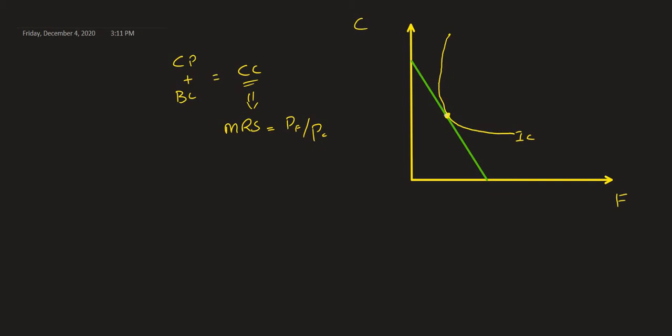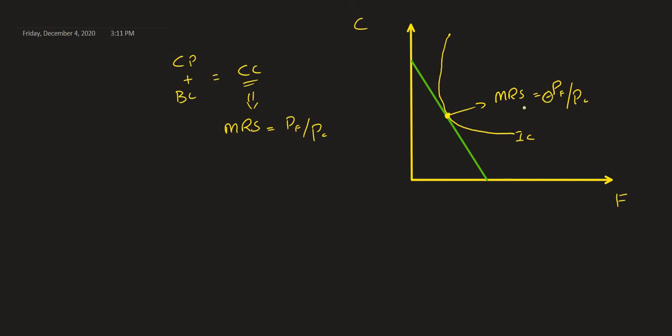At this particular point, the slope of the indifference curve, which is the marginal rate of substitution, equates the slope of the budget constraint, which is PF over PC in our case.